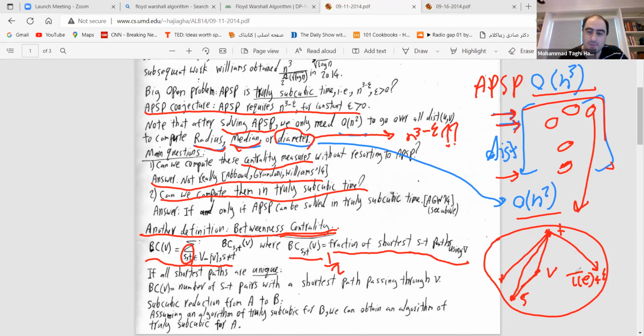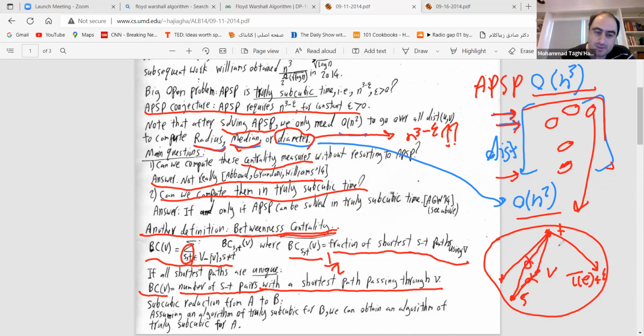Now, if the shortest path between two vertices is unique, then what is the BC of V? It is the number of S-T pairs whose shortest path passes through V, because in this case we don't have two options, we have only one.